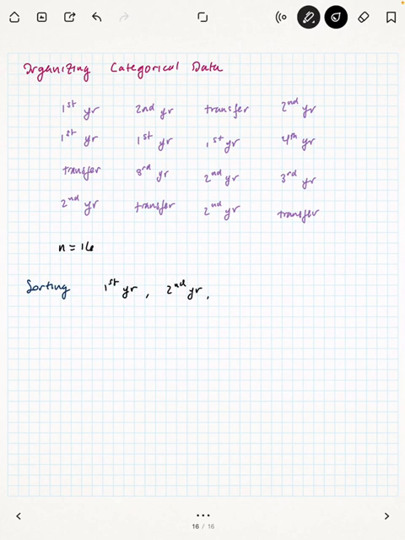If we were talking about gender or racial identity, we would have unique identifiers or variables that these data values then fall under. Third year, fourth year, and transfer. There might be more, but these are all the ones that we have in our data set.